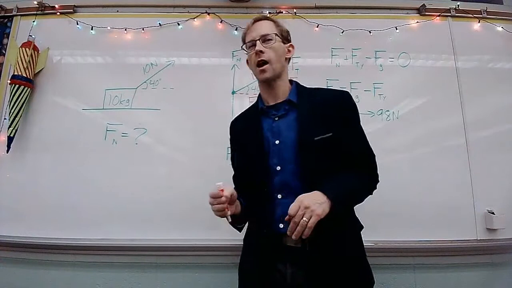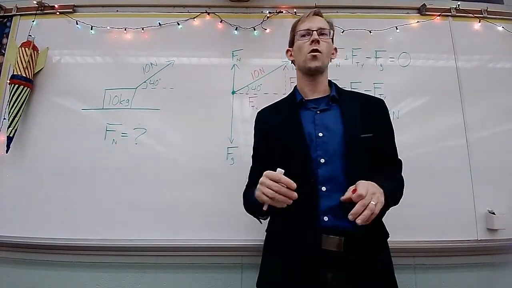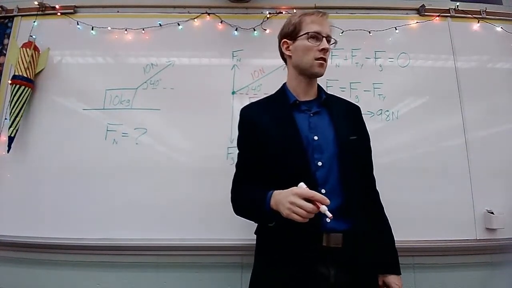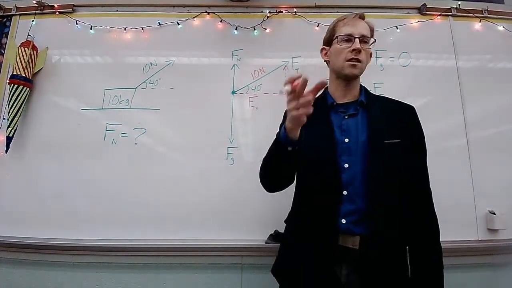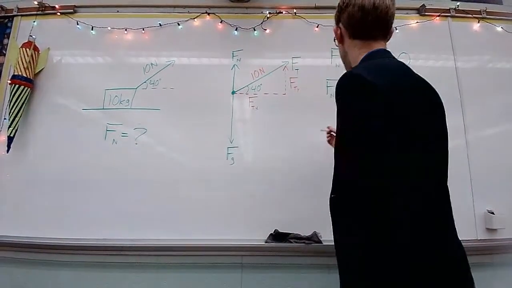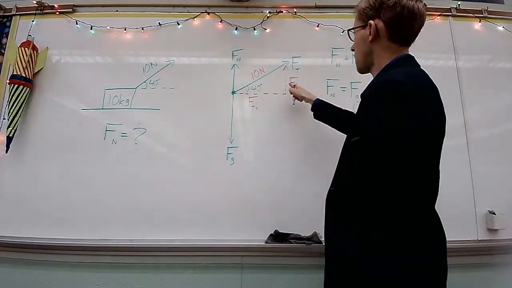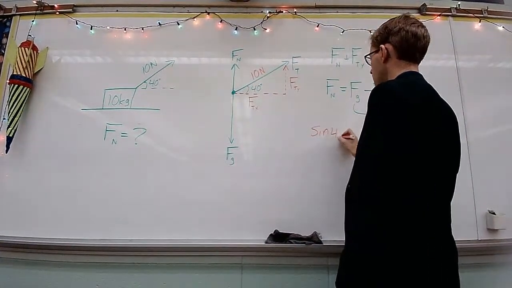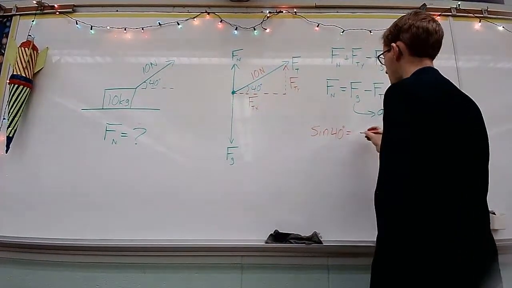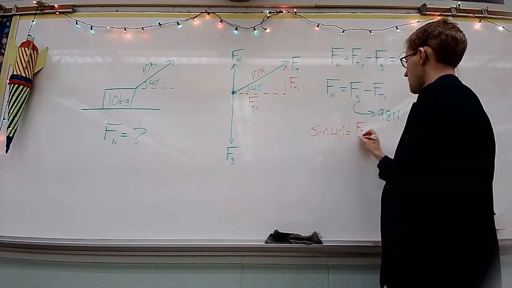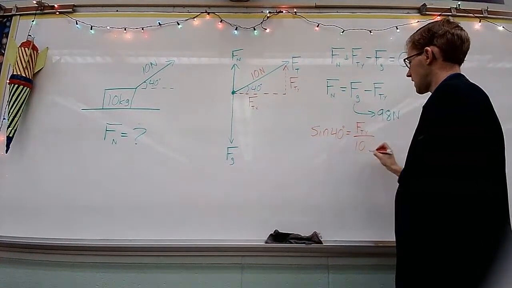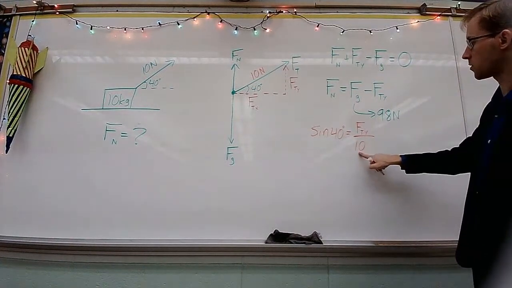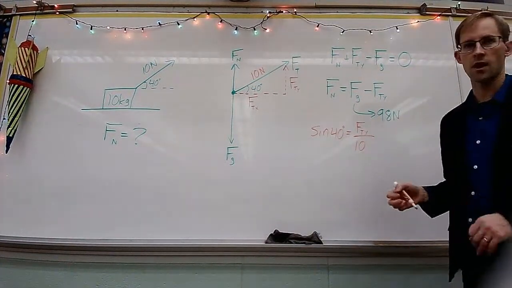If you're solving for the opposite side, you should know that you're going to be using a sine equation, because sine of an angle is equal to opposite over hypotenuse. So in order to solve for my opposite side here, I'm going to go sine of 40 degrees equals opposite, which is FTY, over hypotenuse, which is 10. If I want to solve for FTY, I multiply both sides by 10, and then I can get my answer pretty quickly.